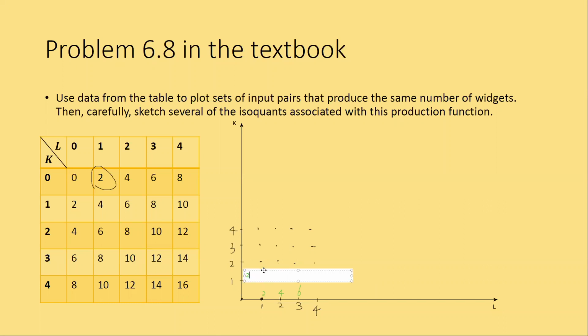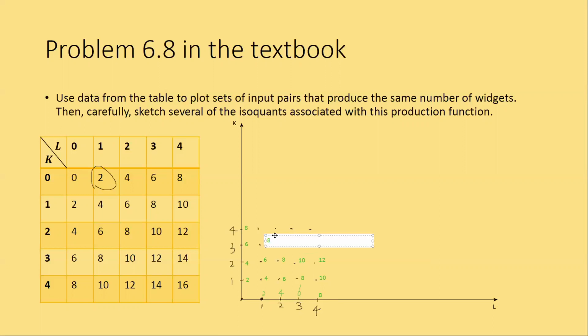So this is also 2 units. This is 4 units at this point, 6 units at this point, and 8 units at this point. So it is 4 units here, 6 units here, 8 units here, and 10 units here. I forgot to put 8 units at this point. So this is 6, this is 8, this is 10, this is 12.